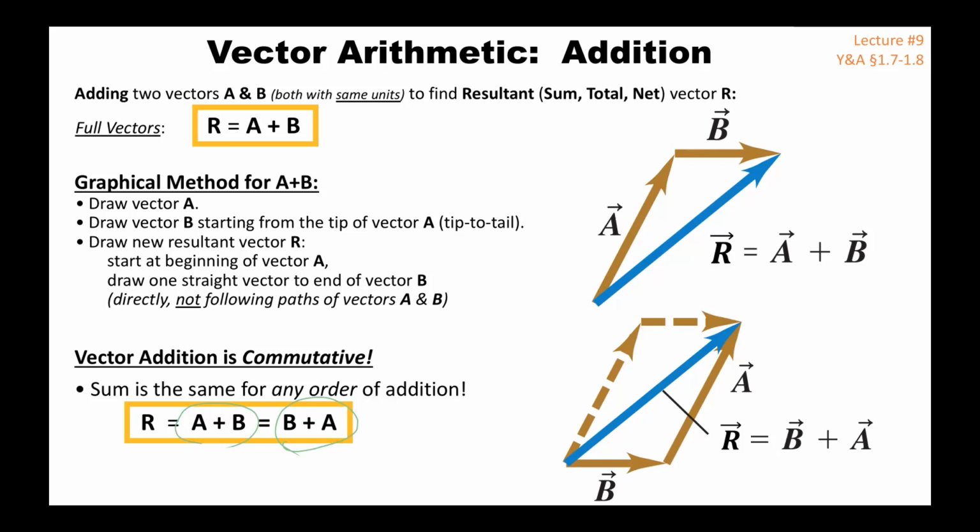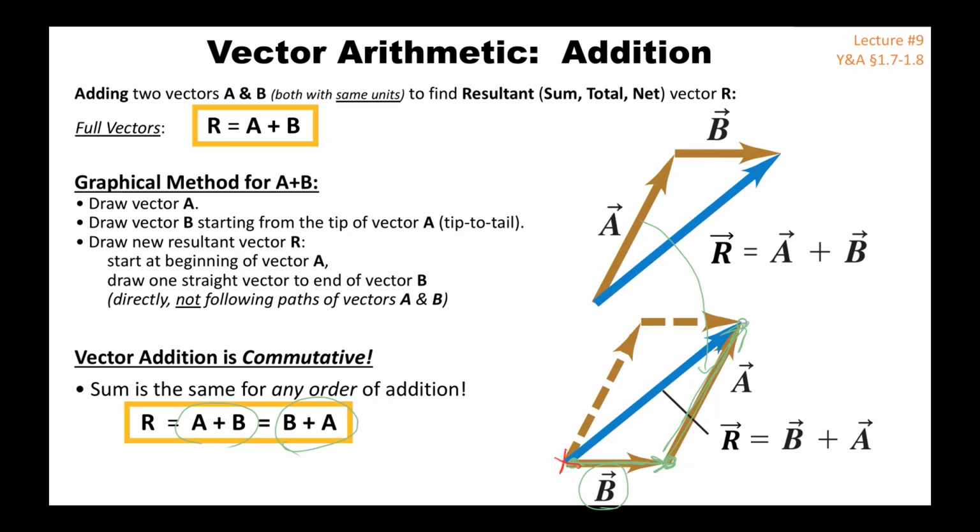You can prove this to yourself in a number of ways, but if you simply start with vector B, traverse it from its beginning to its end, and then at that point, lay down vector A, like this. So we pick up vector A and lay it down so it's tip to tail with vector B. And then at the end of that, see what our resultant is.